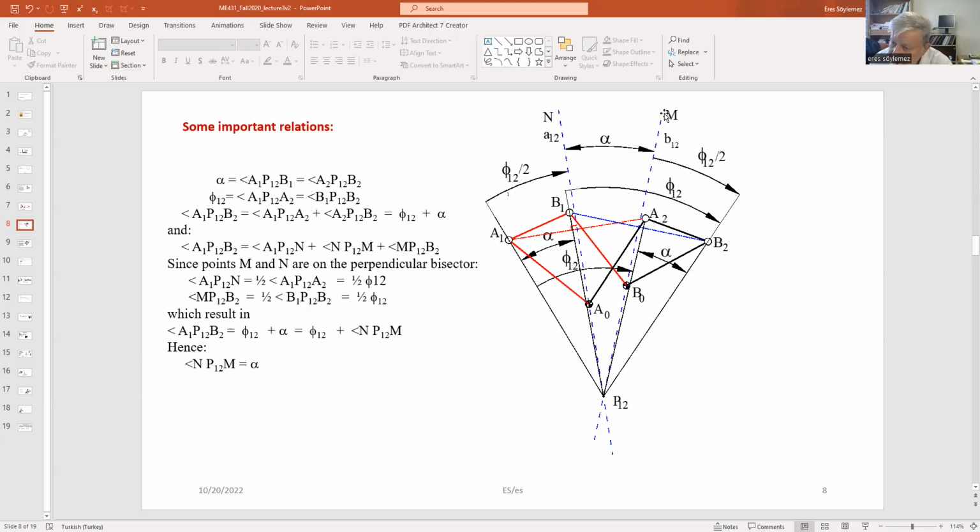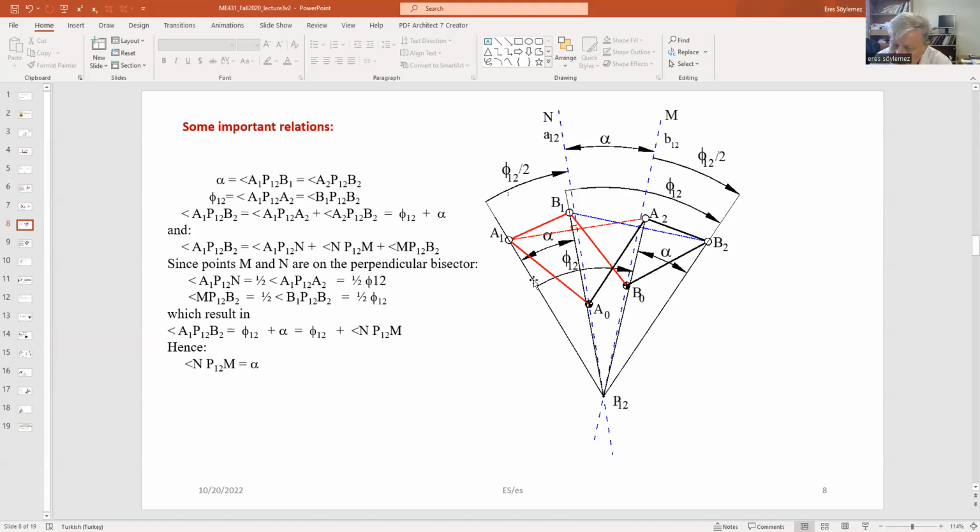For the perpendicular bisector of B1 P12 B2, the angle is phi 12. M P12 B2, since M is on the perpendicular bisector, is again phi 12/2.